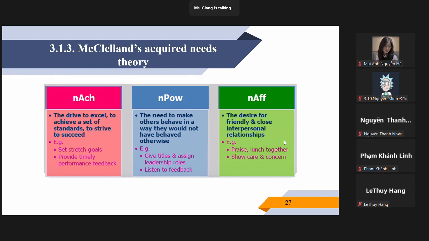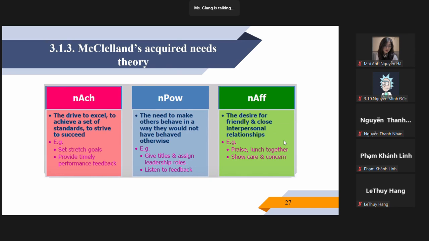In order to fulfill the need for power, because employees want to have control over other people, let's give them titles and assign leadership roles or listen to their feedback. They want to be respected. They want to have control over other people.